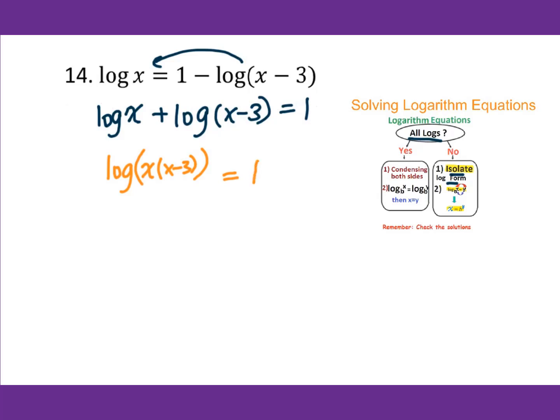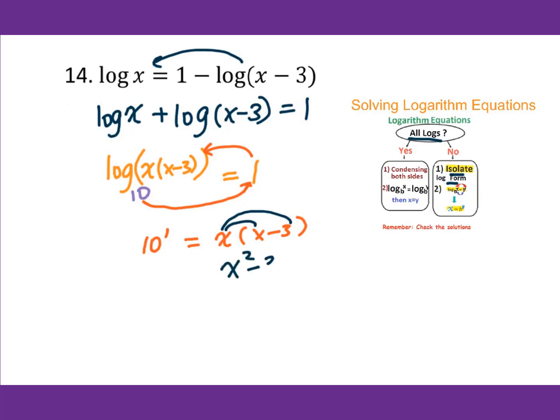We know for a common log, the base is 10. Therefore, we change the log into exponential form. You got 10 to the first power equals x times x minus 3. This will be a quadratic pattern. Therefore, we want to get it equal to 0. We got x squared minus 3x equals 10.